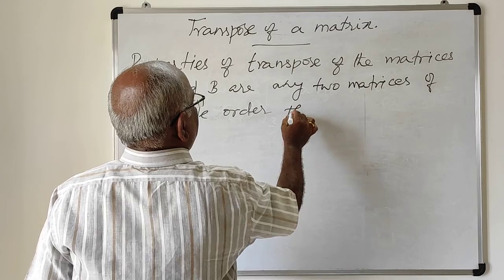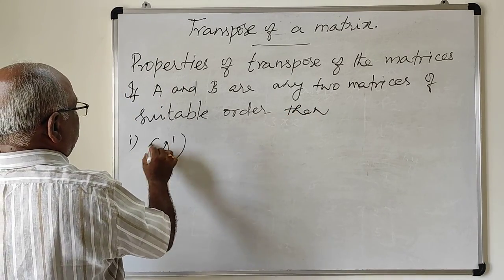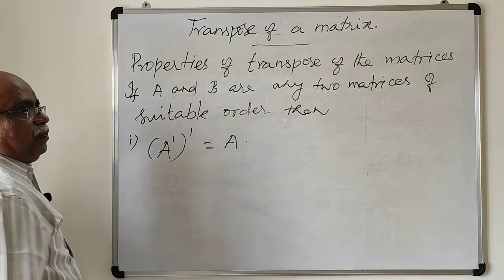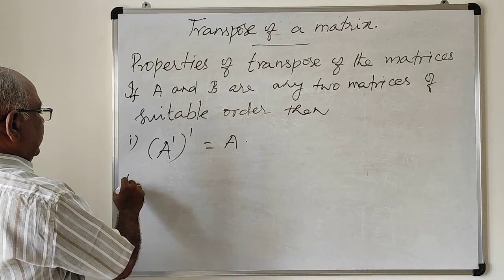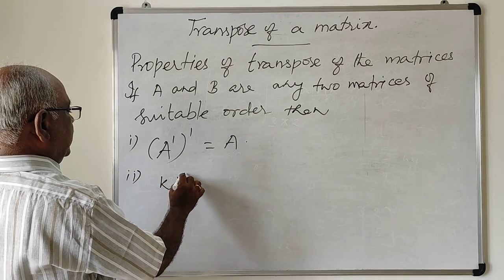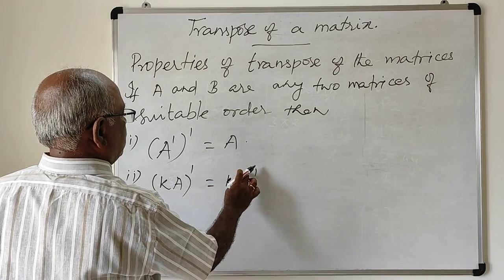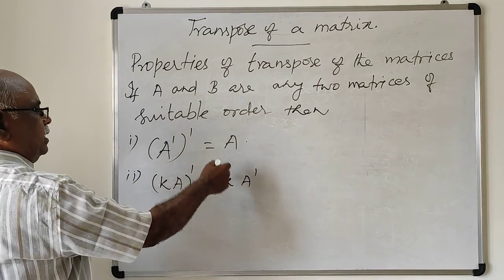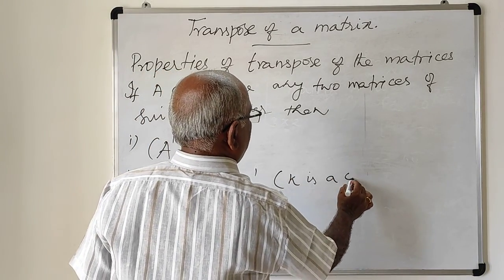First property: the transpose of the transpose is the matrix A itself. A transpose transpose is A. Second one: K into A, the whole transpose, equal to K into A transpose, where K is a constant.